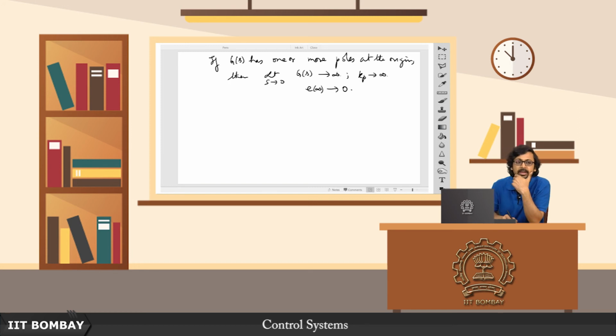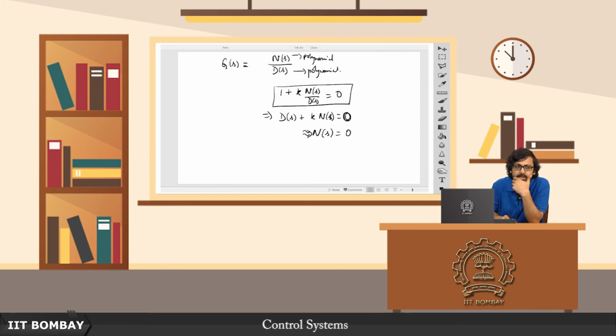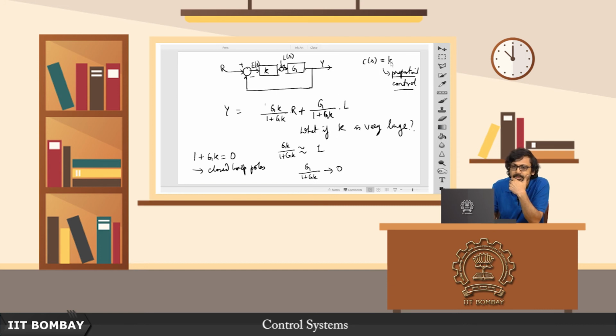So therefore we already have a partial answer. You see that idea that we had, that if you keep increasing this proportional controller's gain k, which seemed like a good idea here, we saw that you might run into trouble with stability.